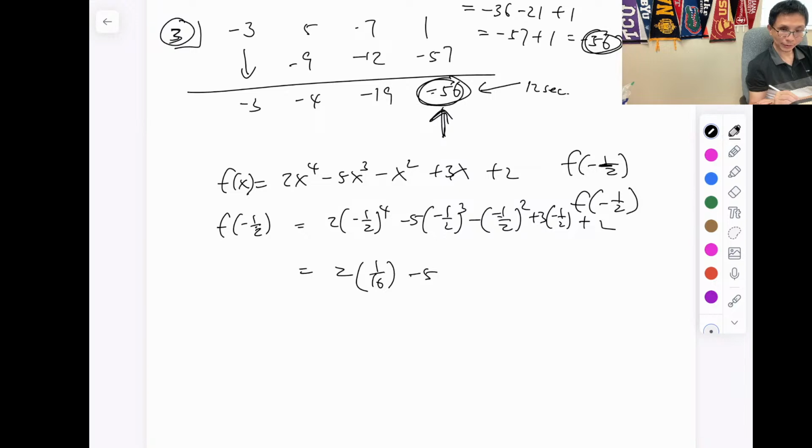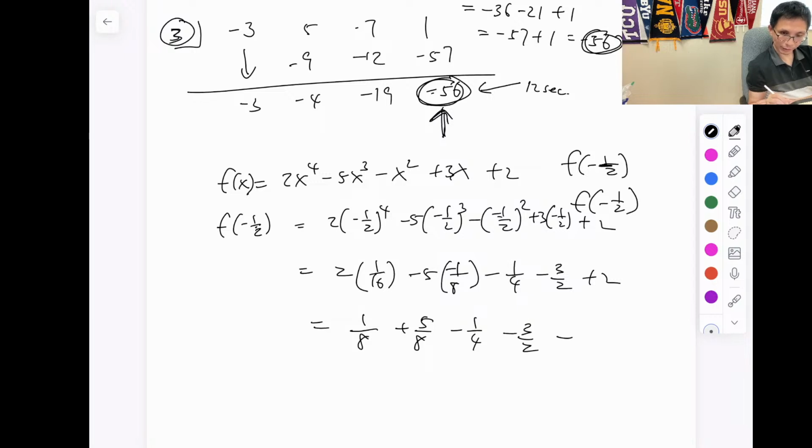Minus 5 times negative 1/8, and minus 1/4 minus 3/2 plus 2. Oh my god, I don't want to do this. 1/4? No, that's 1/8. I can't even do this right. 1/8 plus 5/8 minus 1/4 minus 3/2 plus 2.